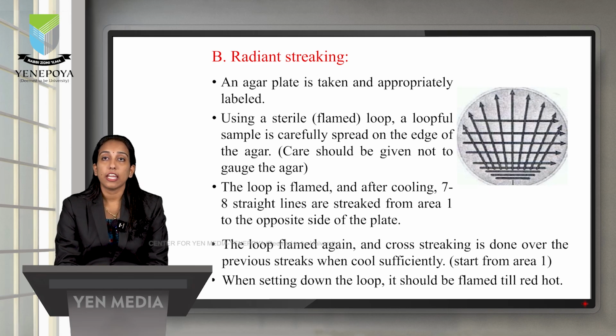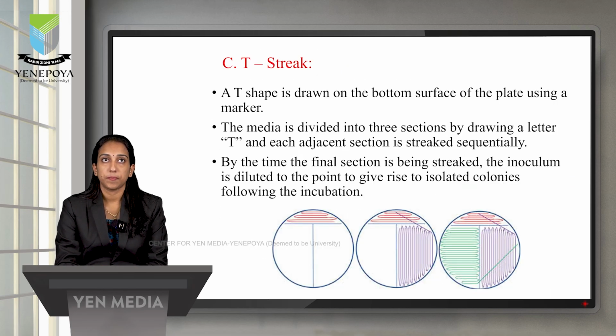In the picture, area 1 is there, and from that to the next end 7 to 8 straight lines are streaked. Then the loop is flamed again, and after cooling down, we streak another 7 to 8 straight lines crossing over the earlier lines. That is about the radiant streaking.